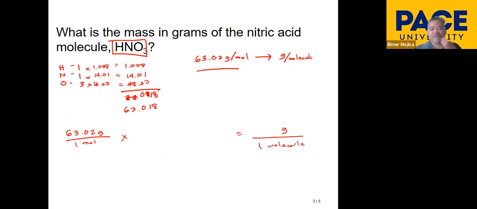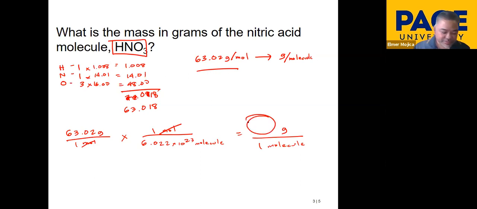So what equivalent or expression can you use to go there? The way that you're going to go here is, for every 1 mole, how many molecules do you have? You're going to use the Avogadro's number. If you do that, you cancel the moles and you end up with the unit that you're looking for.